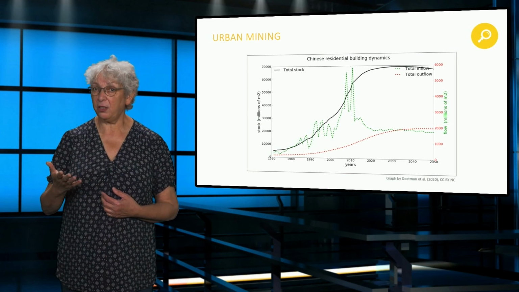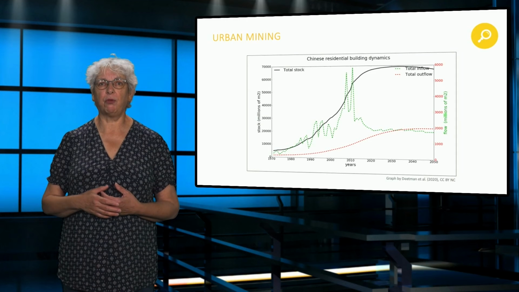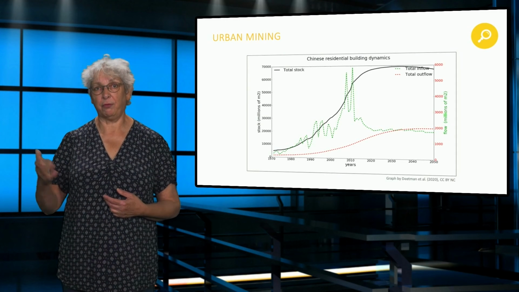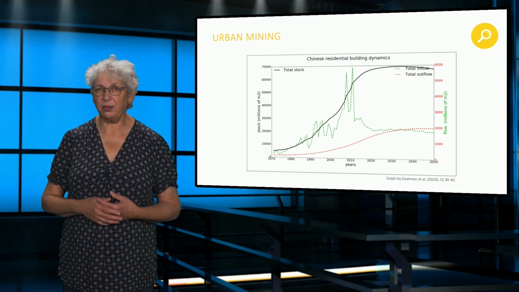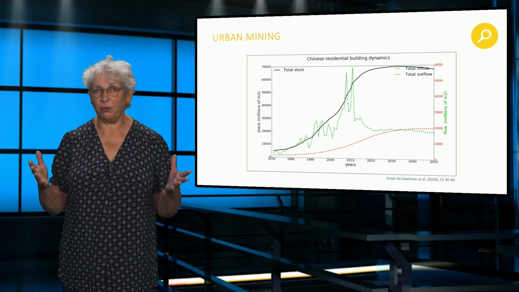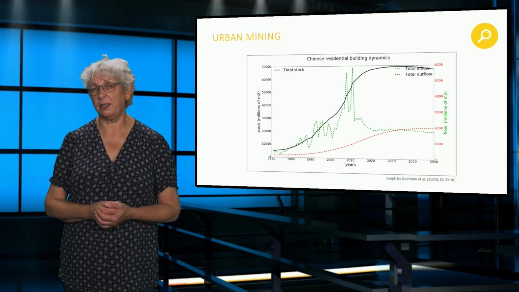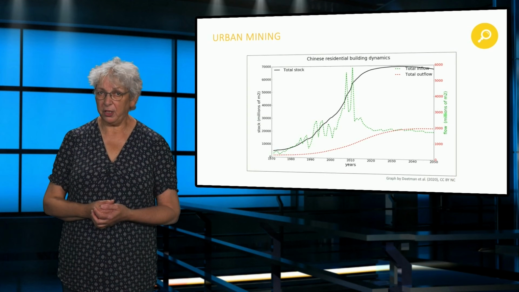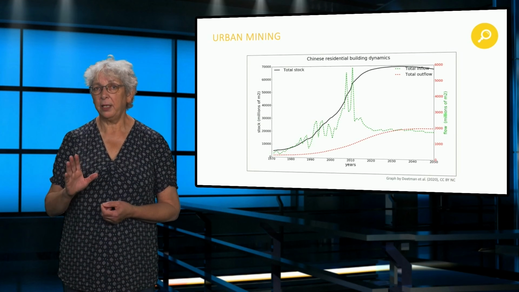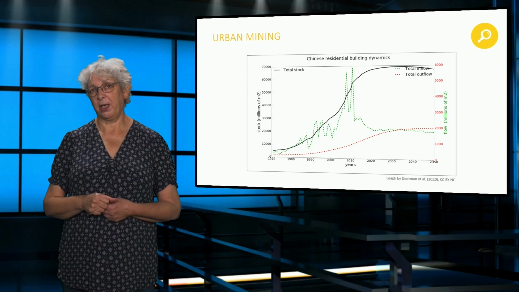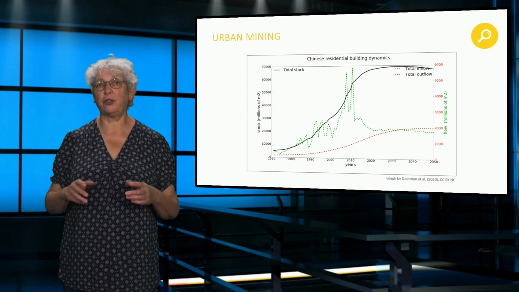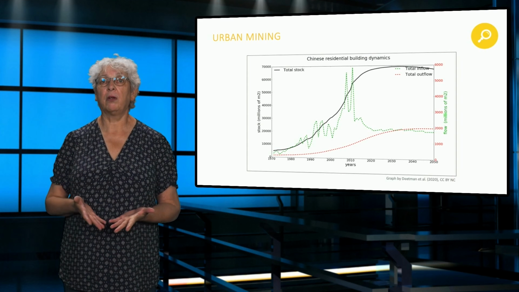Already that phase is over. The inflows have dropped to a very much lower level while the stock levels off. We are now entering the period where the stock no longer grows and therefore the inflow can drop to the level of maintenance. Interesting to see is that the outflow starts to match the inflow around the year 2035. That means that in theory, the Chinese built environment could become circular from then on.